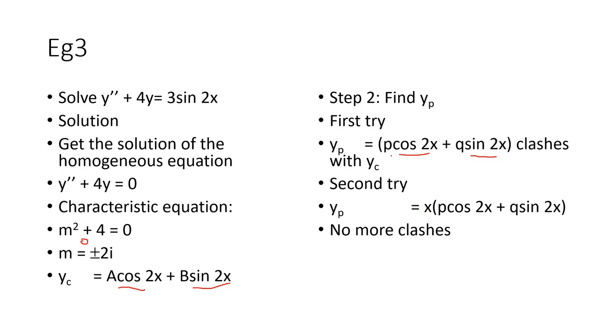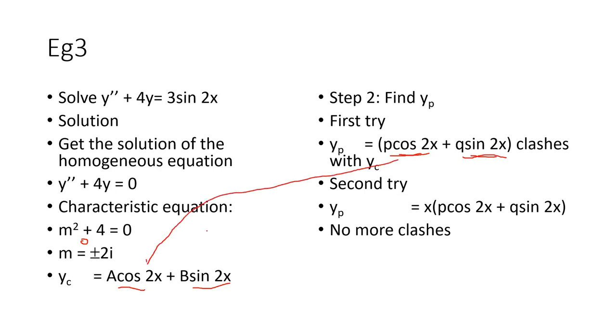Yeah, because I said, for undetermined coefficients, first you choose your yp based on your f(x), with the same type of terms. If here it is sin 2x, it must be p cos 2x plus q sin 2x. And then you check whether your yp has exactly the same term.